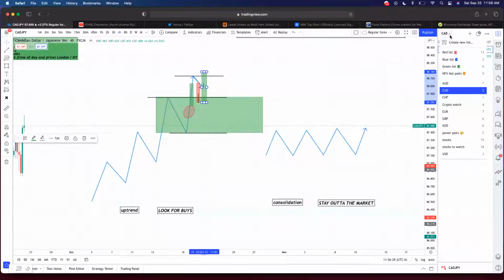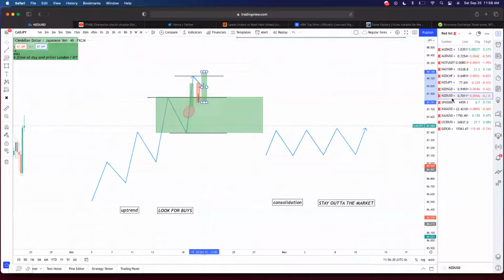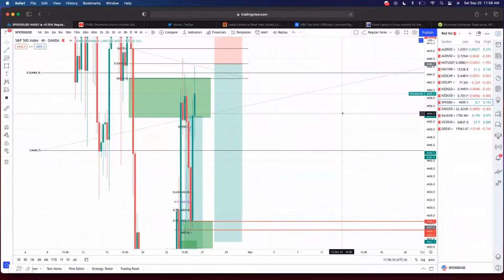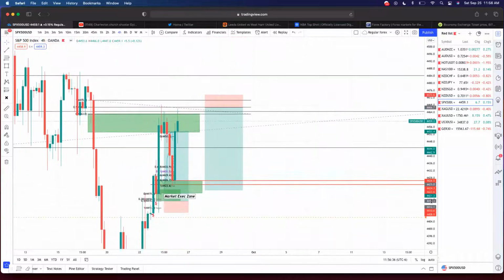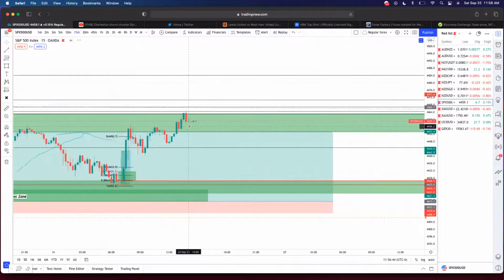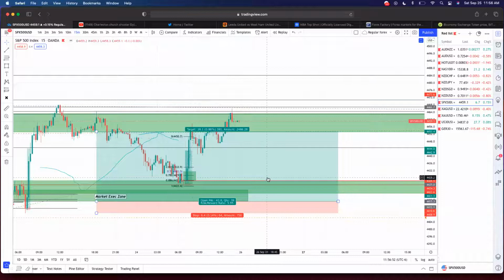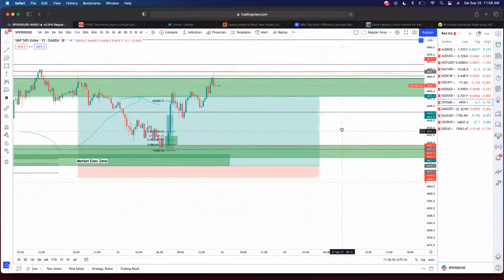Let me show you guys a live example on the chart so you see what I'm talking about. This was SPX on Friday, okay? I'm going to go to the 15 minute time frame. Okay, guys.